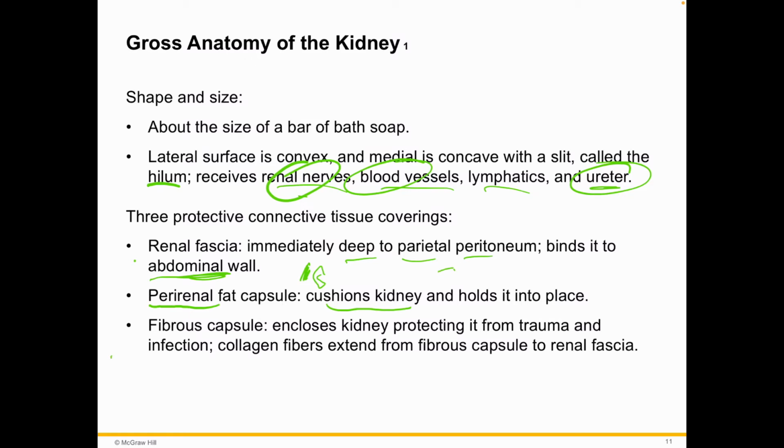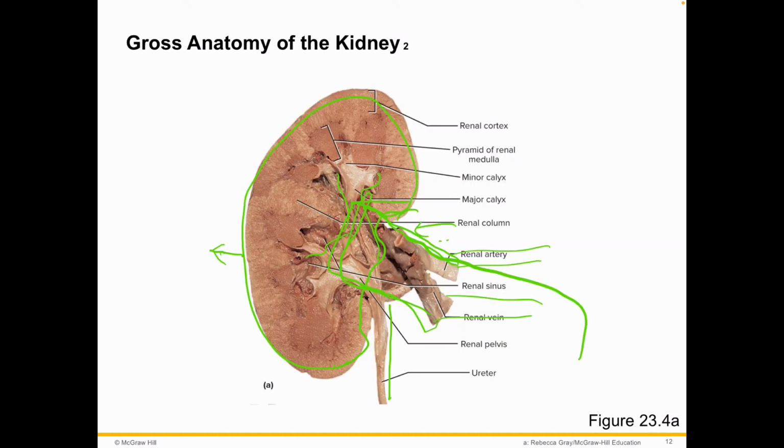The fibrous capsule itself: if you think about how these organs are structured, a lot of these filtering-type organs are pretty gushy inside. There's just not a lot of structure. So on the outside there's this layer, which is nice and fibrous.